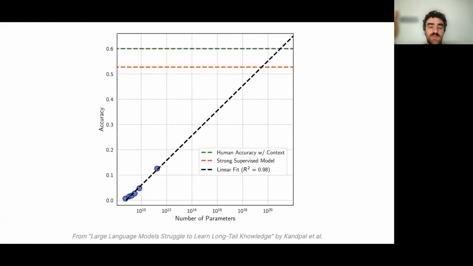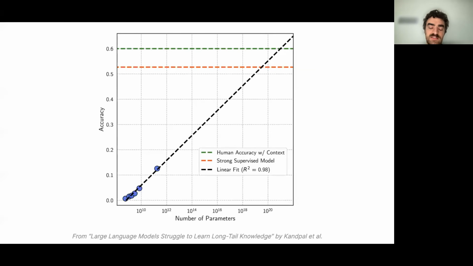So if we look at the bucket for questions about very esoteric knowledge, where there were very few relevant documents in the pre-training data set, we actually found a very, very strong linear fit, at least when using a logarithmic scale in the parameter count, which allows us to extrapolate and say, how many parameters would I need in order to have a model that performed at human accuracy on very rare questions?